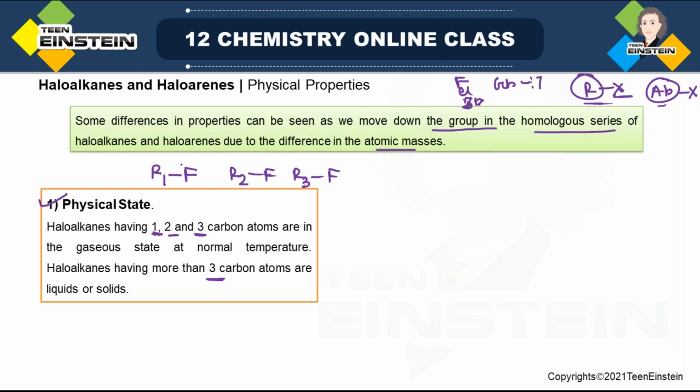Keeping the halogen part fixed, suppose here you have 2 carbons, here 4 carbons, here 10 carbons. Obviously as you move towards a higher number of carbons in the alkyl part, mass will be increasing, overall molar mass. So that is why the nature will shift from gaseous state to liquid or solid. Fine. So first it will be gaseous, then gradually it will move towards the liquid physical state, and finally when the mass is very high, it will ultimately be solid.